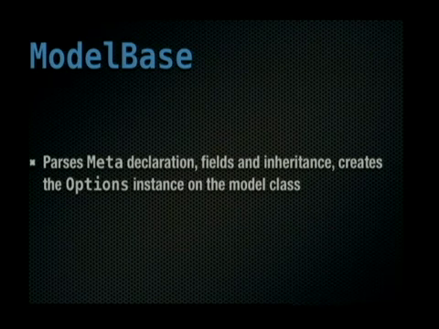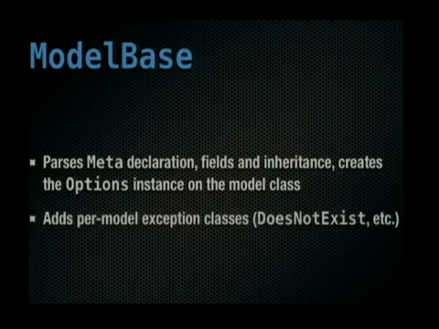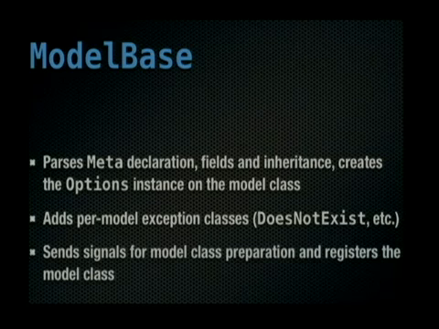Basically, when you declare your little inner class Meta, it reads through what's in there and creates an instance of a class called Options, which it then attaches back to your model class so that we have access to that. Basically, Meta is just syntactic sugar to make it look nice and be easy to write. What it ends up as is this Options class. It also sticks on some per-model exception classes, things like the DoesNotExist exception, which we write one of for every single model class.